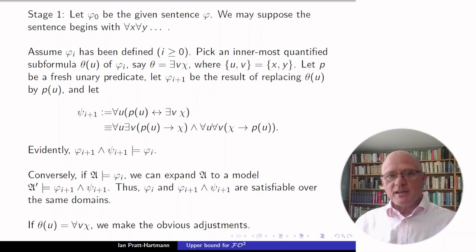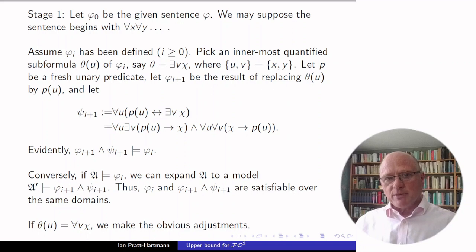Now, let P be a fresh unary predicate, a one-place predicate not occurring in any of the formulas we've examined so far. What we're now going to do is define phi I plus 1 to be the result of replacing theta by the atomic formula P of u in phi I. So we have this formula phi I. We're going to choose an innermost quantified subformula, theta, with variable u, which may or may not occur free, and the quantified variable here is v.